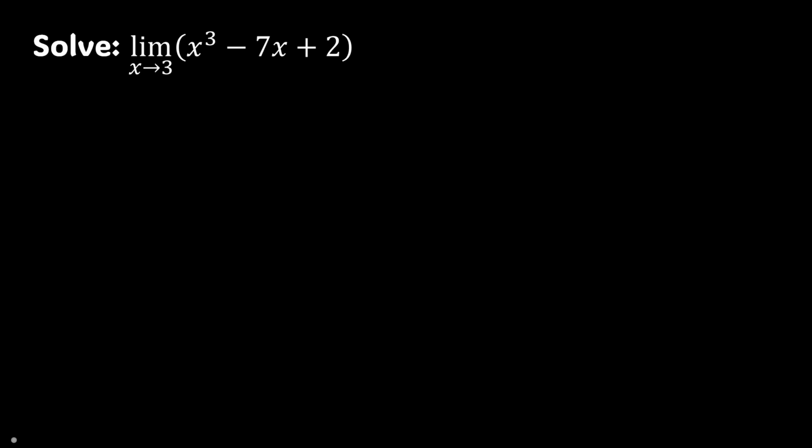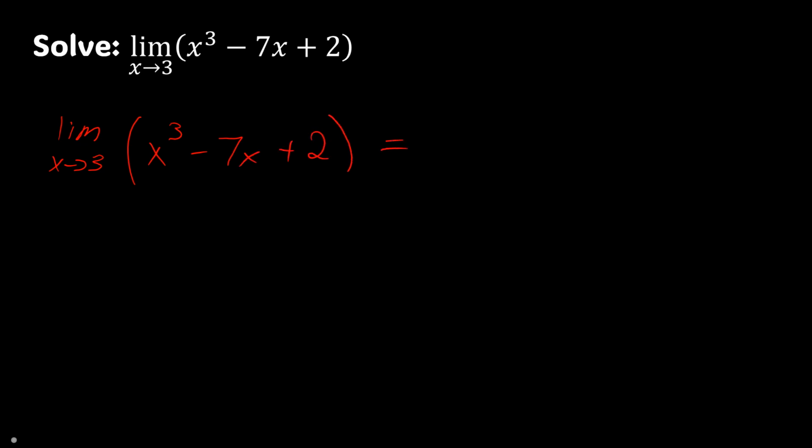So when I look at this, there isn't really anything limiting me from essentially just substituting and solving, so that's what I'm going to do. So we have the limit as x approaches 3 of x cubed minus 7x plus 2.